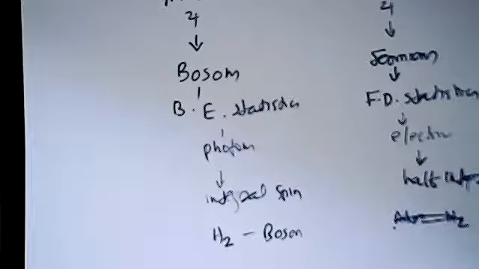But what is deuterium, heavy hydrogen? One more nucleon will come, so there will be 3 particles. So deuterium will be a fermion. Similarly, you can consider all other atoms, helium, lithium, or all atoms. Consider the electrons, protons, and neutrons, all having half-integral spins.